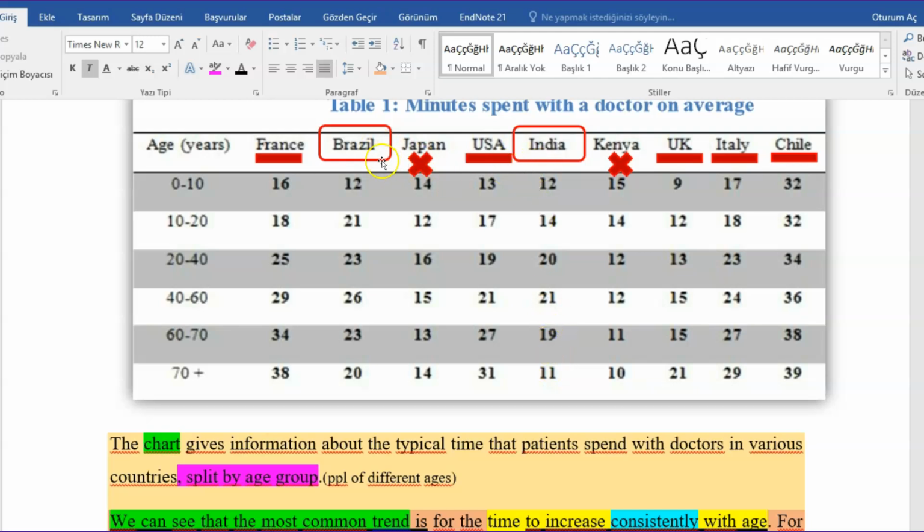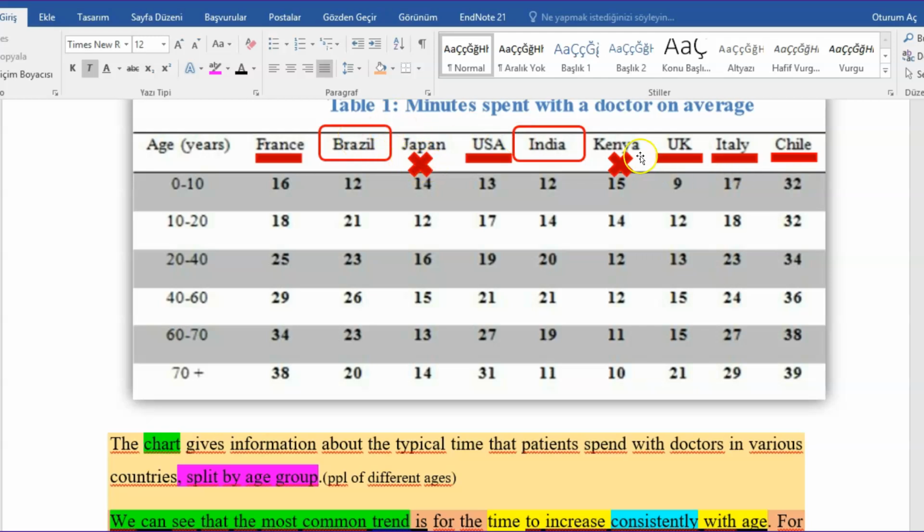We saw a fluctuation: increase then decrease, increase then decrease. Again, the same pattern in Brazil and India.